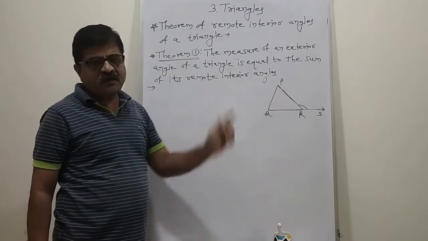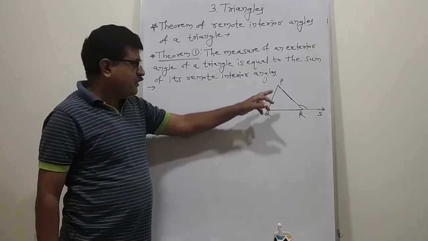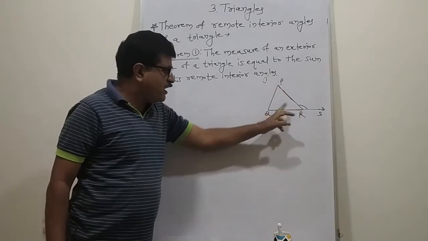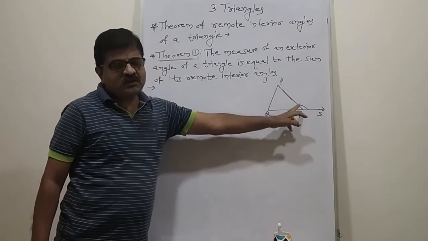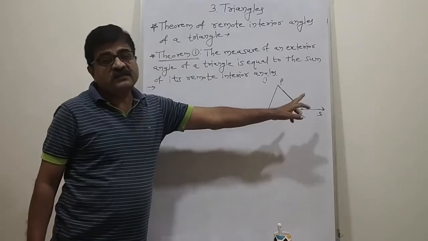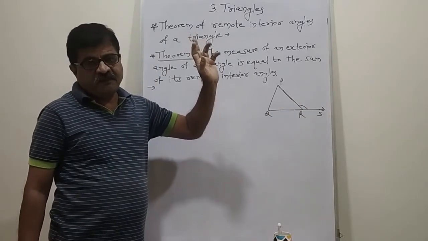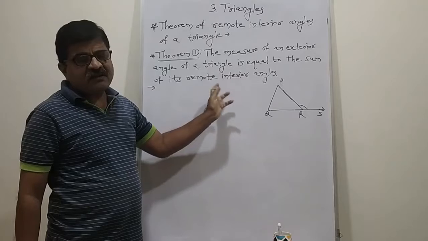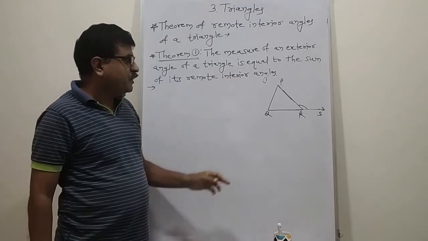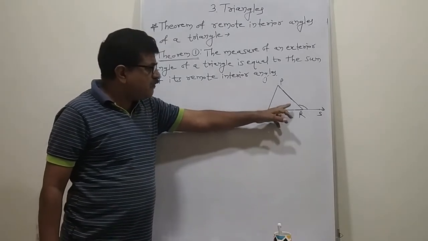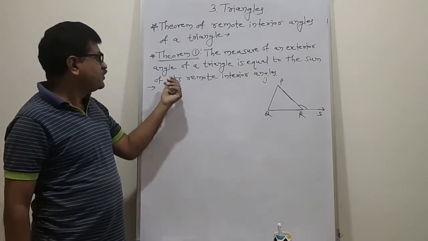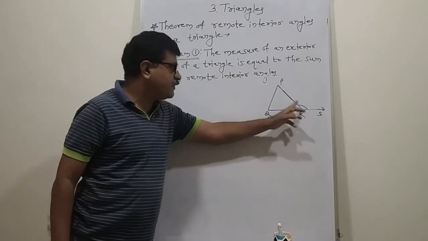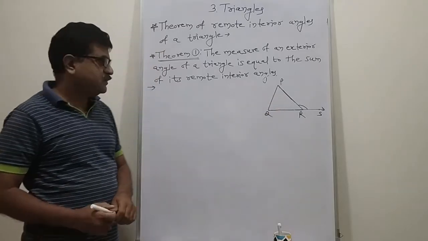This is equation number 1. And angle PRQ plus angle PRS, the sum of these two angles, is 180 degrees. These are angles in a linear pair. Now, by solving these two equations, we can show that this angle is equal to the sum of these two angles.